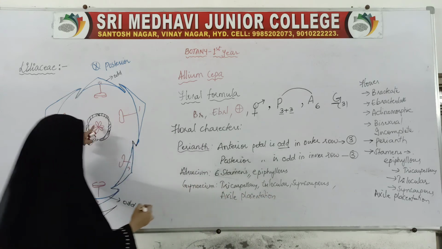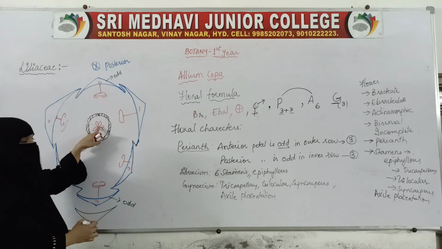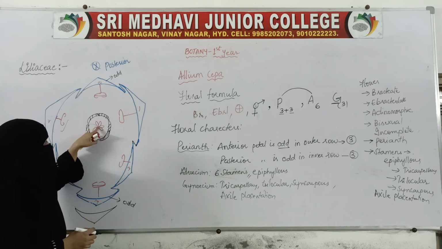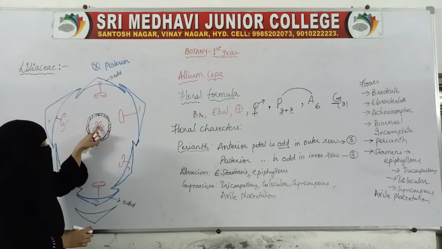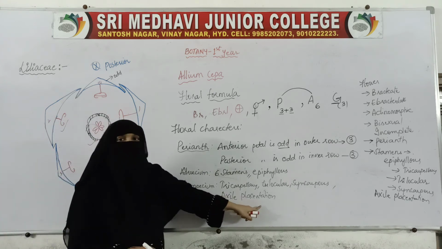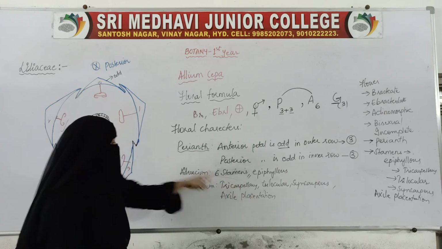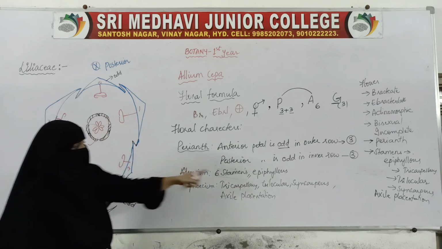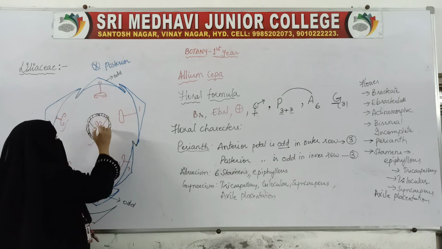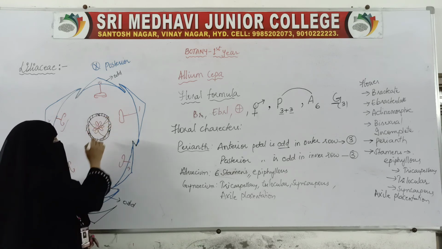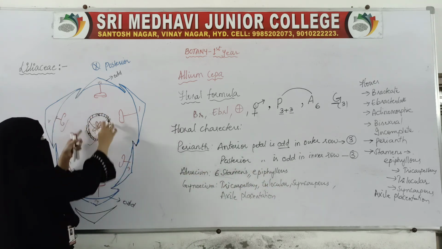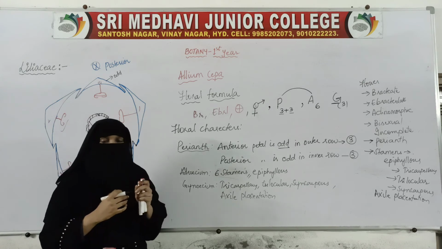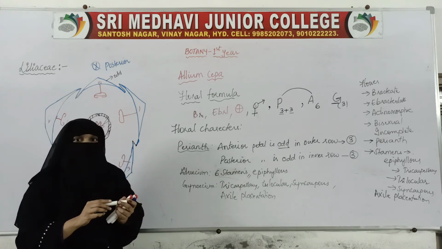Because here how these seeds are arranged, they are attached at the center, at the axis. So which placentation will we see? Axile placentation. Tricarpellary, 3 carpels. Trilocular, 3 locules will be there. 1 locule, 2 locule and 3 locules, and in the center we have the seeds attached. And syncarpous, all 3 carpels are fused.